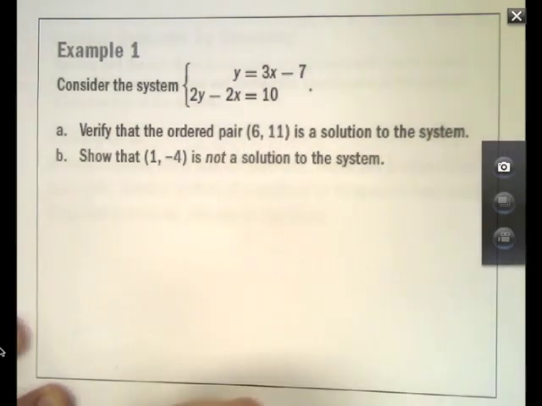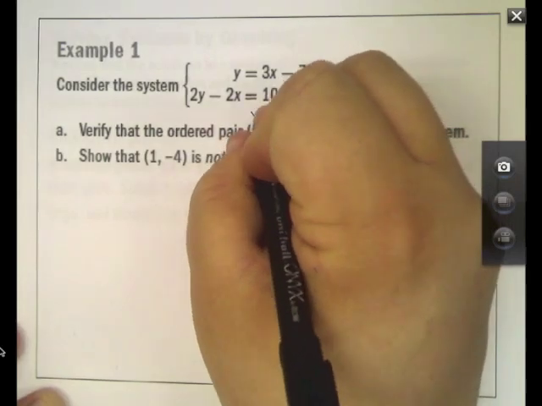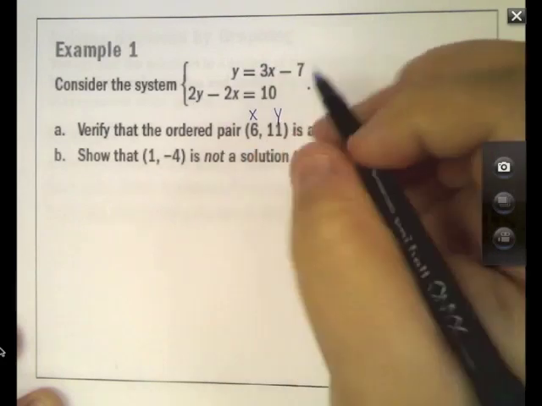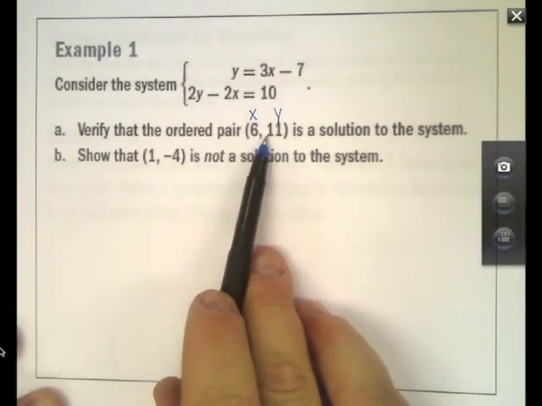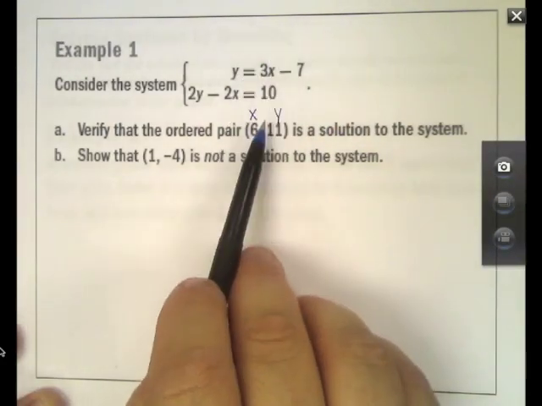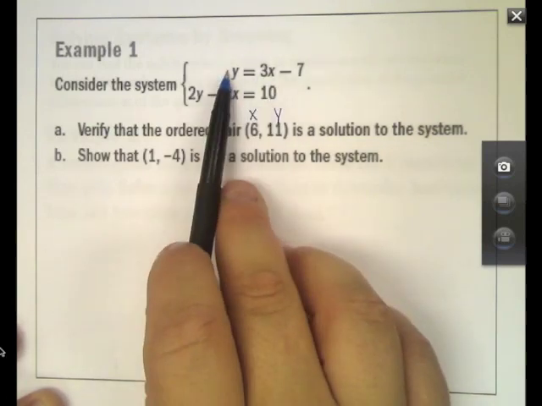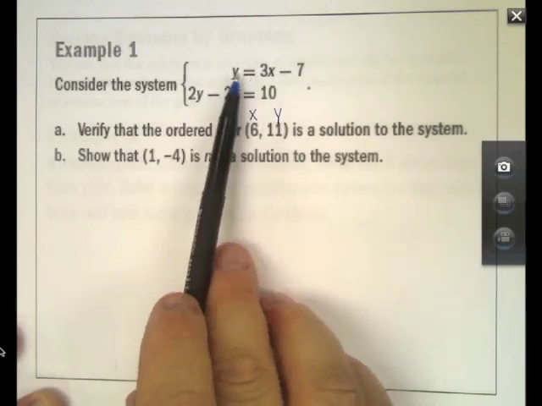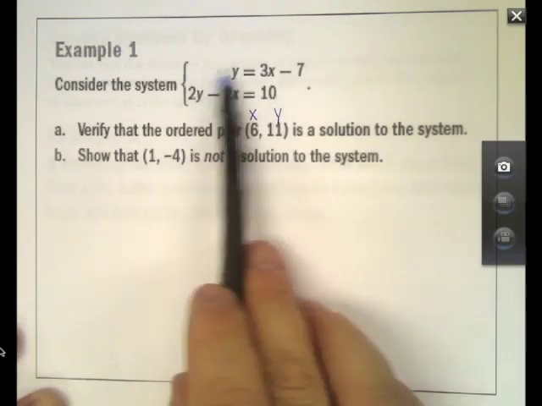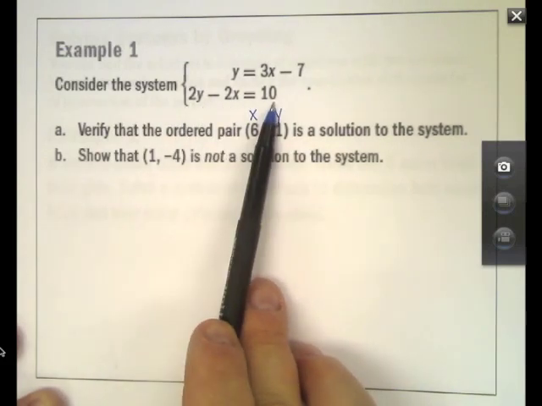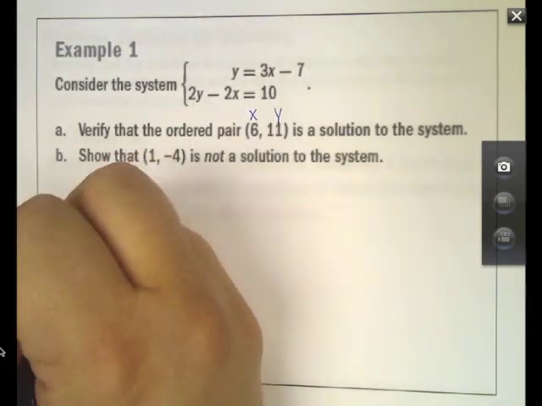We're going to do this by hand. 6 is my x value, 11 is my y value. When you put 6 in for x and 11 in for y, both sides have to be equal, and it has to work for the second equation too. So let's try that out.